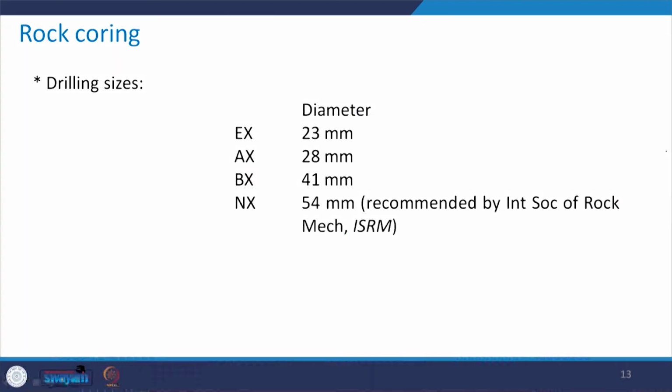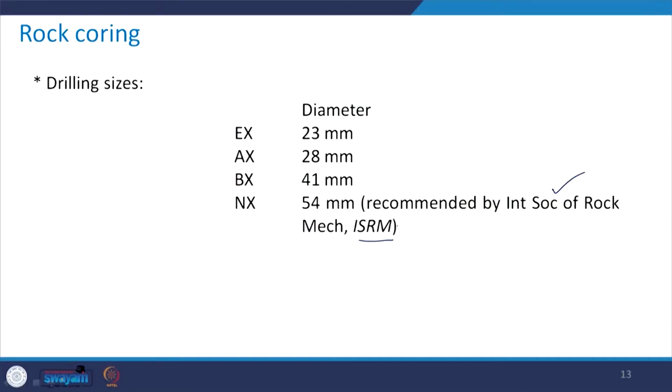What should be the drilling size? The International Society of Rock Mechanics, I will be using this term quite often, in short we call it ISRM, has suggested that one should use NX size specimen. The diameter of the NX size specimen is 54 millimeter. There are other sizes as well: EX, AX, BX.